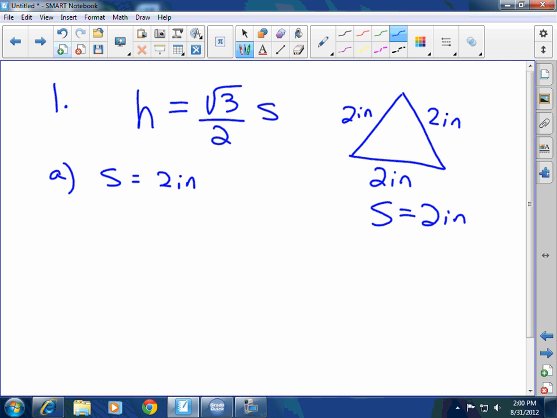Now, 2 inches could be a natural number, a whole number, an integer. It is a rational number as well. But they want to know which is the number that best describes. Well, since we're talking about sides of an equilateral triangle, s can never equal 0, so it can't be a whole number. s can never be a negative number, so it cannot be an integer.